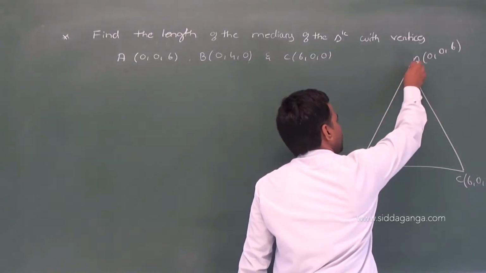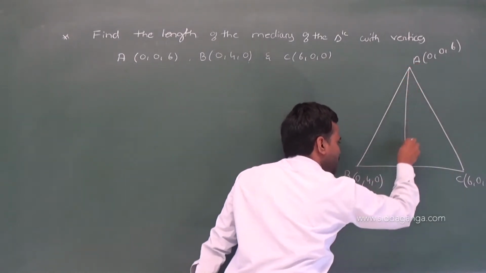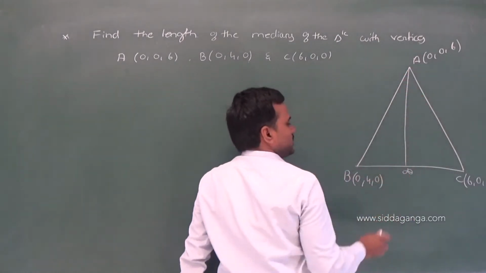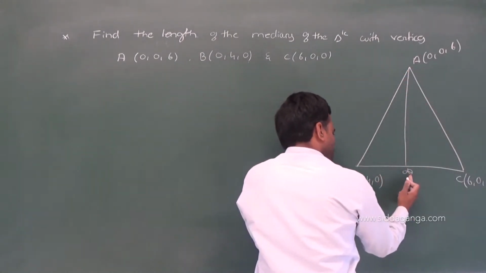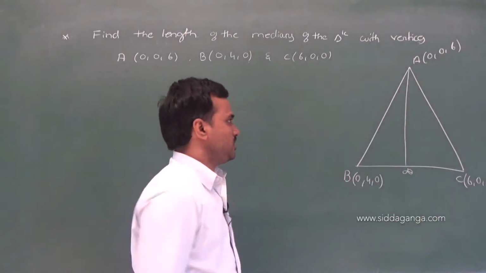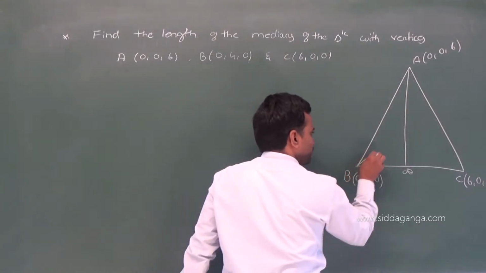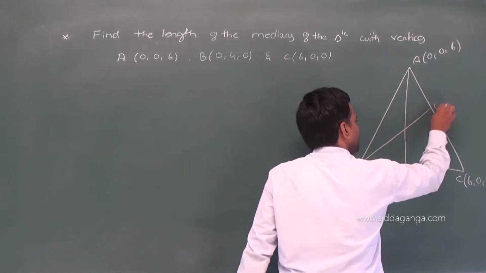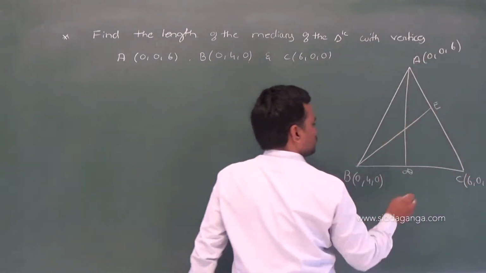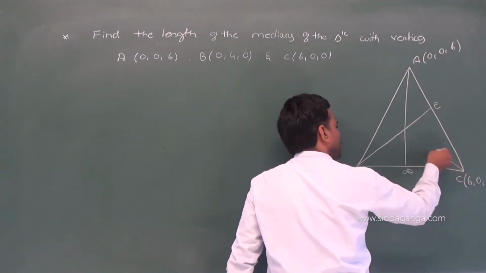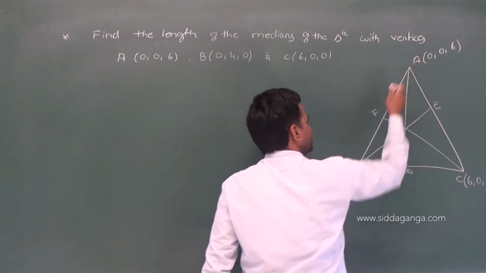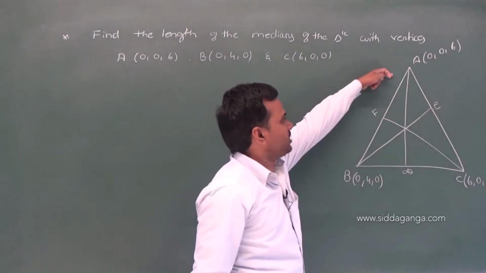First, we find the length of the median through the vertex A, that is AD. Median means the point D lies exactly at the midpoint of BC. Then through the vertex B, BE, where E lies exactly at the midpoint of AC. Similarly through C, F lies exactly at the midpoint of AB.